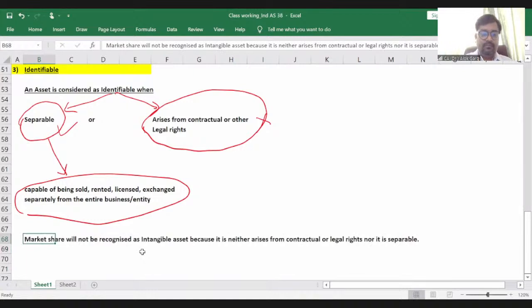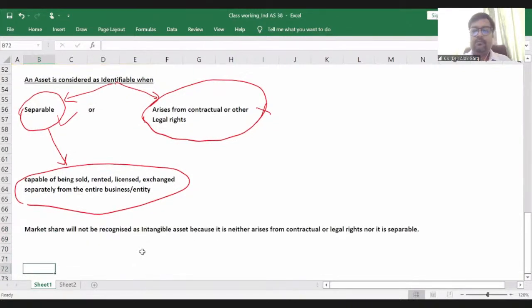Clear? So market share will not be recognized as an intangible asset because it neither arises from contractual or legal rights, nor is it separable, right?